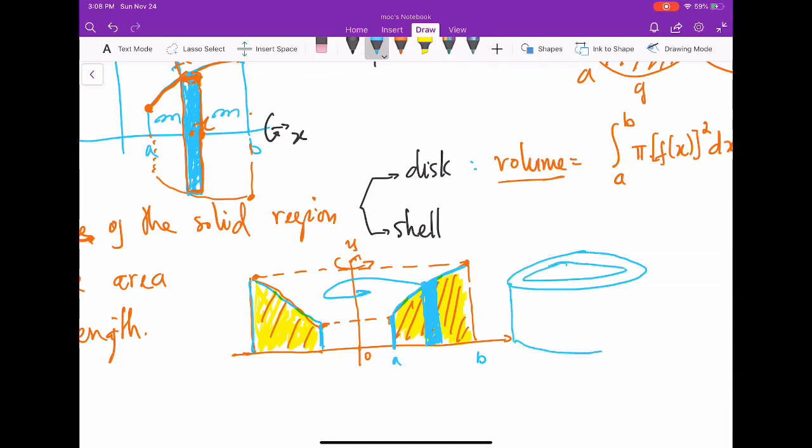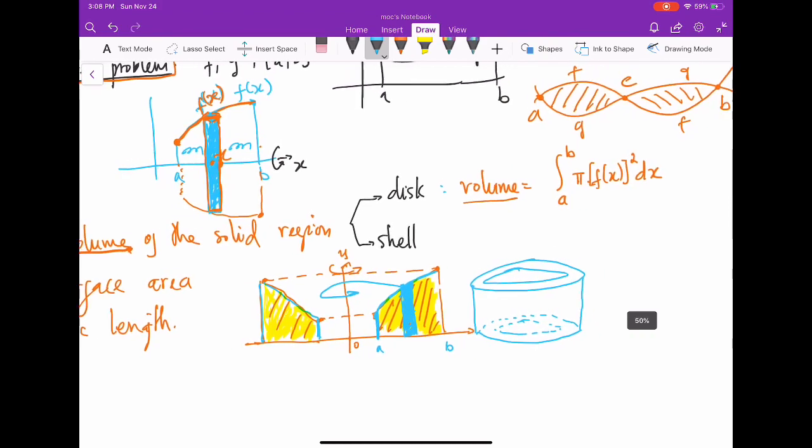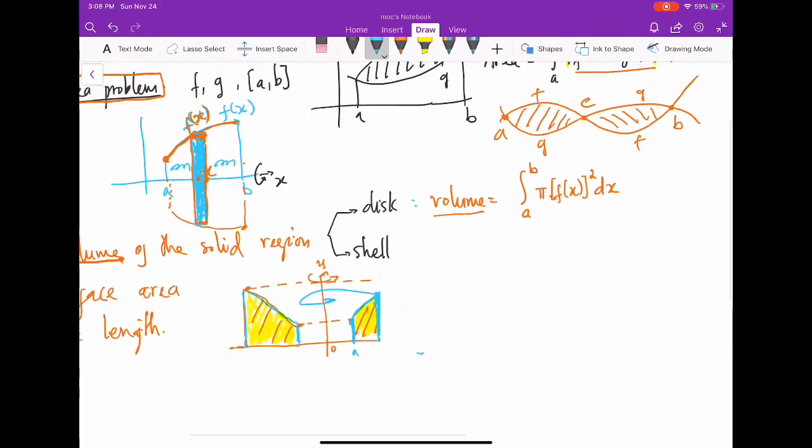Don't forget that. And then once you have that, again, just divide and then approximate and then sum them up, you get your integral, okay?